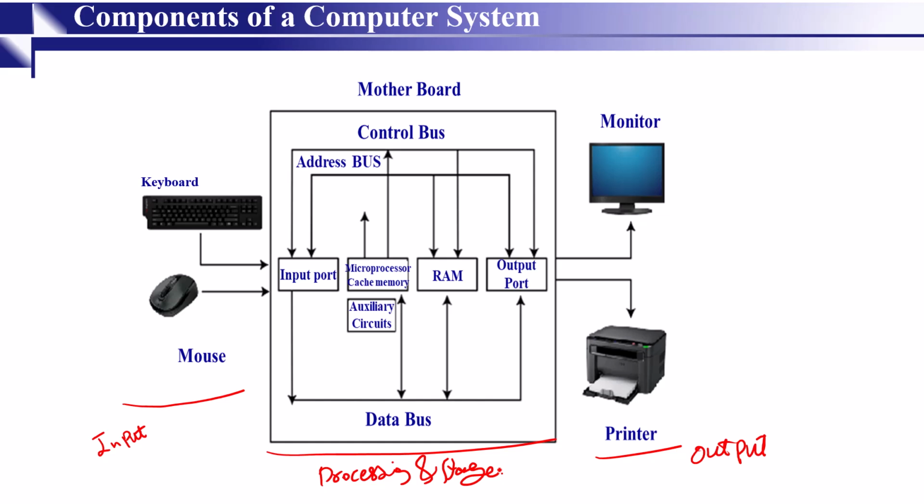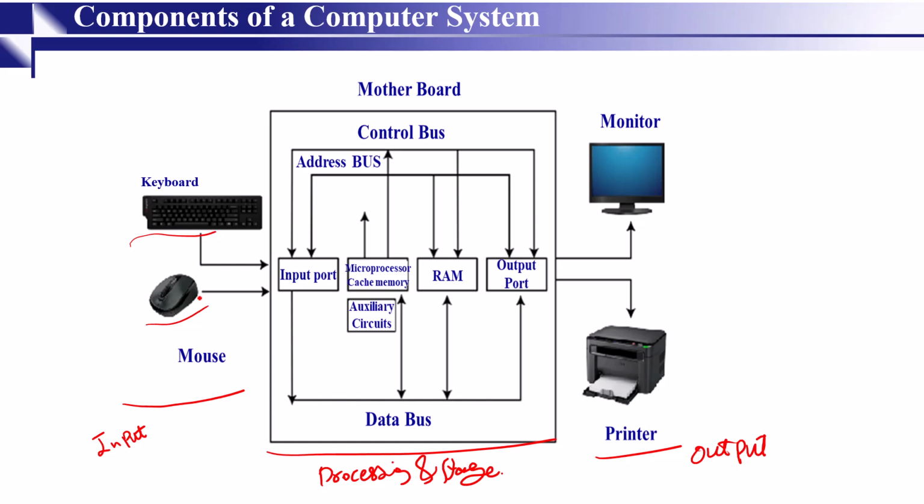Input devices allow users to enter data and commands into the computer system, like keyboard, mouse, touch screen or mic. You can also say camera, game controller. These are the input units.